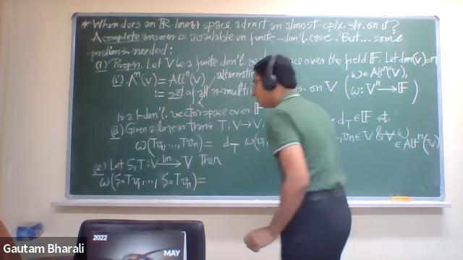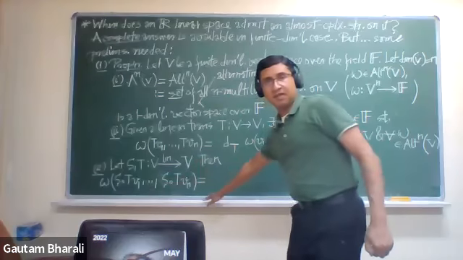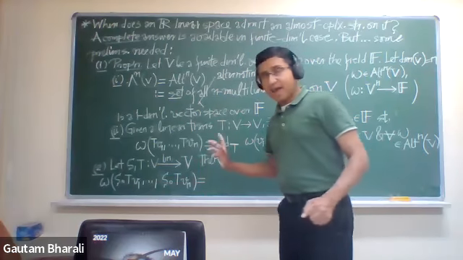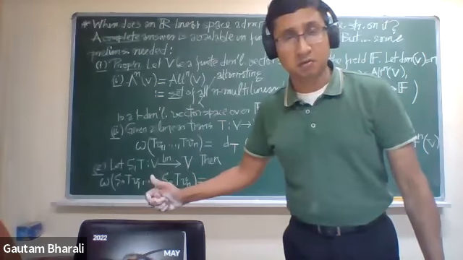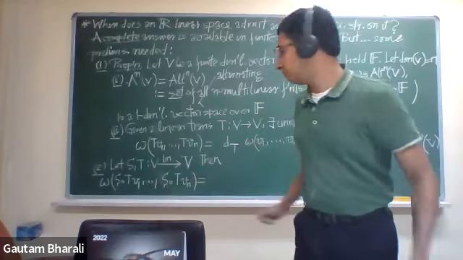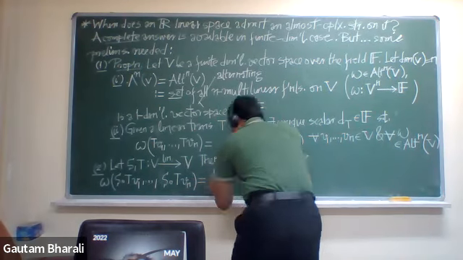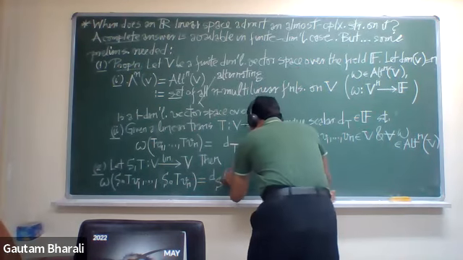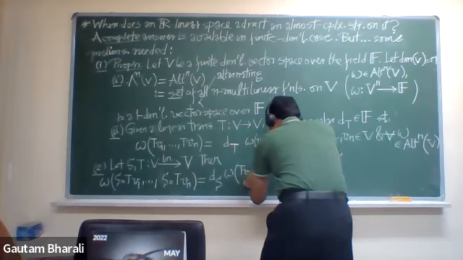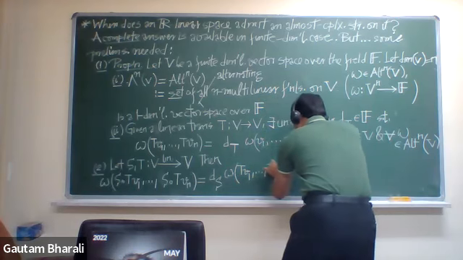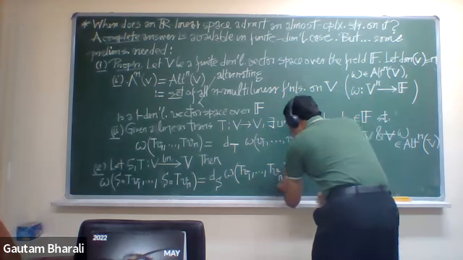Now this is equal to, you see we can view this n-tuple as S acting on the vector T of v1, S acting on the vector T of v2, S acting on the vector T of v3, and so on. So you see d sub S comes out, and I have omega applied to T v1, T v2, dot, dot, dot, T v sub n.